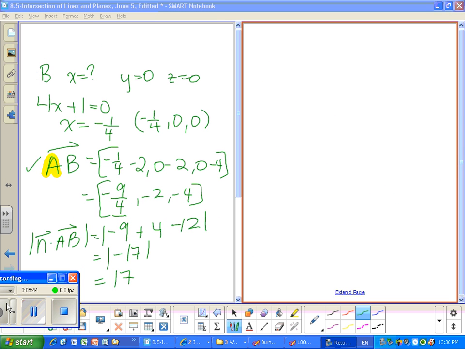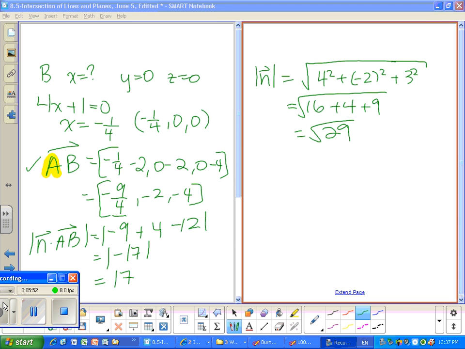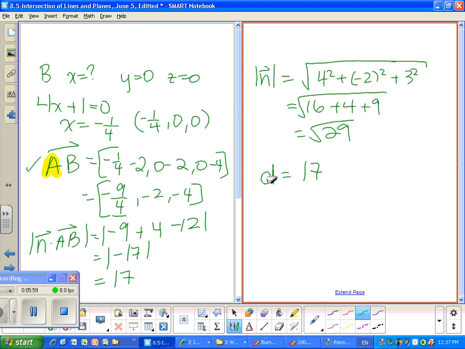So the last part of the equation is finding the magnitude of the normal, and how do we do that? Now with the normal, you can actually just find the distance. It was the magnitude of the dot product, which is 17, over the magnitude of the normal, which is the square root of 29. And that is approximately 3.16 units.